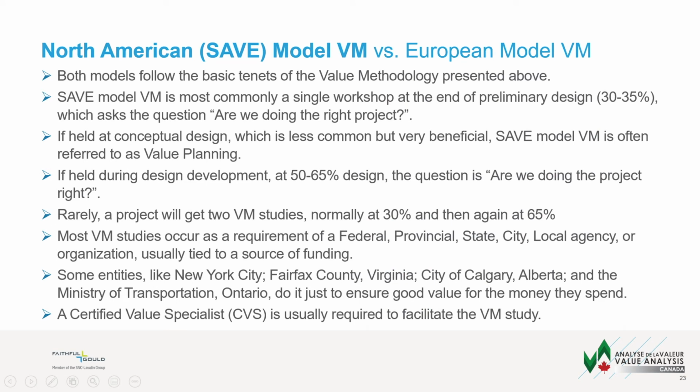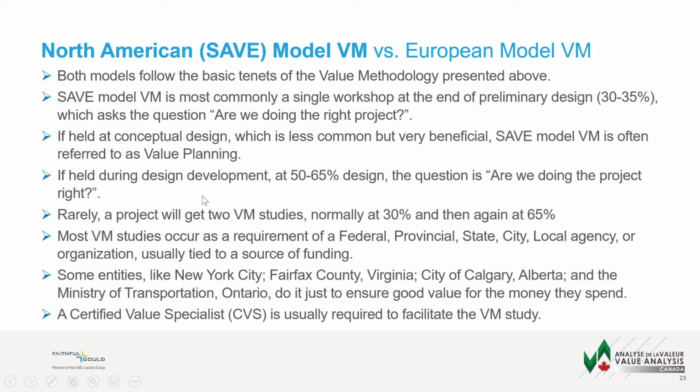So let me talk a little about the models for value engineering. I want to compare the North American, and I call it the SAVE model, versus the European model of value management. Both models follow the same basic tenets of the value methodology that we talked about above. The SAVE model of value management is most commonly a single workshop at the end of preliminary design. That's where we usually get our shot, which asks the question, are we doing the right project?